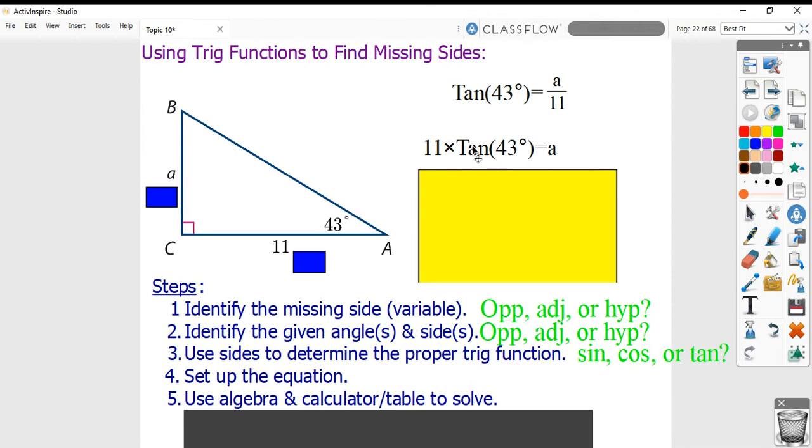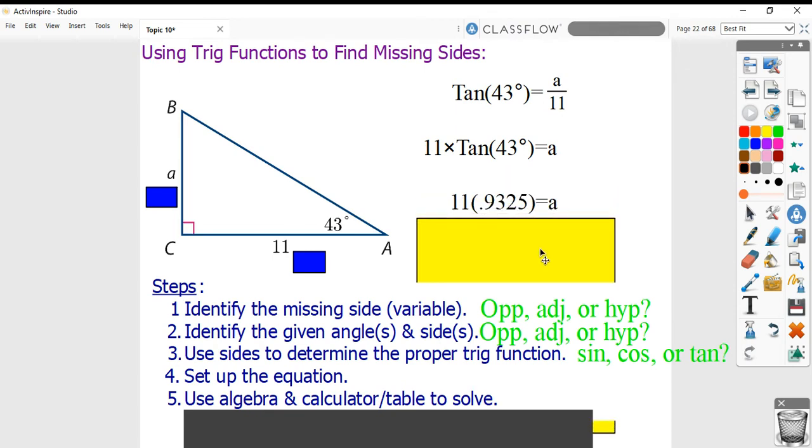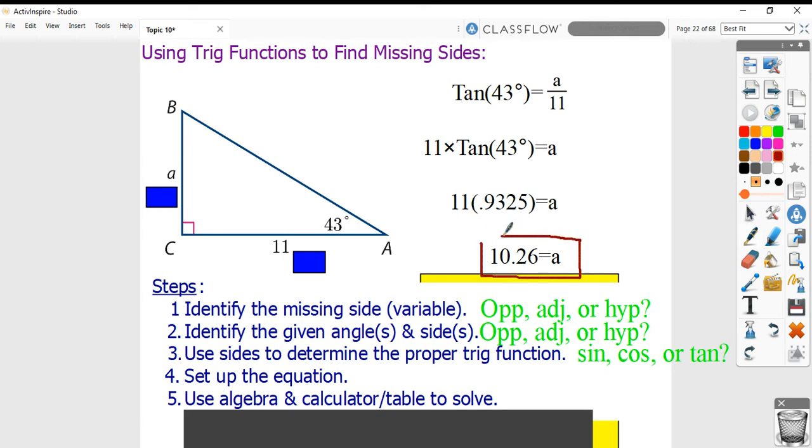So you take this tangent of 43, this number, times 11, and that will give you the answer of what A is equal to. This right here is just the number taken from the chart, 0.9325. And we get 10.26. That means the length of this side is 10.26. All right, that's all it is. That is the end of the whole problem right there. That's all we were doing.